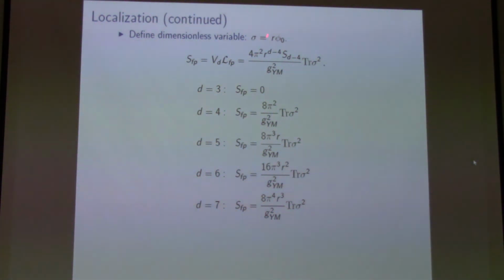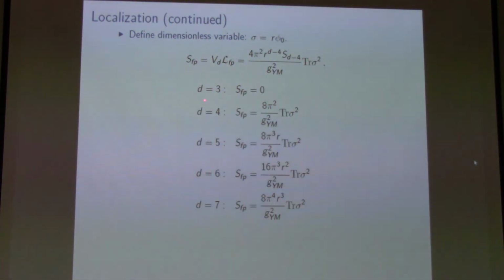And if I define the dimensionless variable sigma, which is equal to r phi naught, then I find that at the fixed point I get something like this. So for example, for d equals 3, you get that this is 0. You can understand that because in 3D, the 3D super Yang-Mills Lagrangian is Q-exact, so it shouldn't be contributing anything to the partition function.